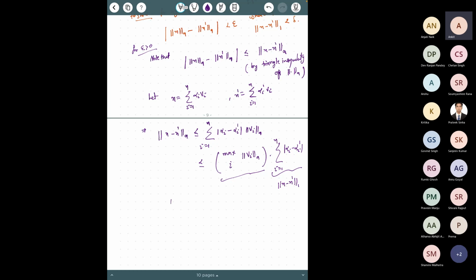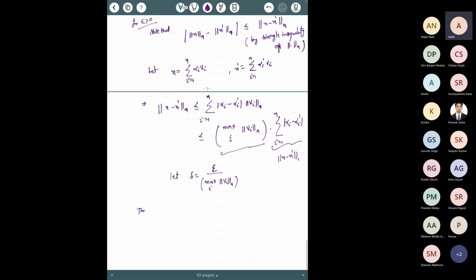So if I choose delta as epsilon upon the maximum of this quantity here, then whenever the one norm of x minus x dash is less than delta, it will imply that the absolute difference of the a-norm of x and x dash is less than epsilon.